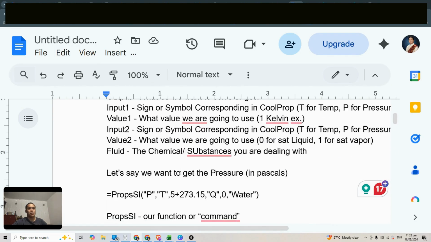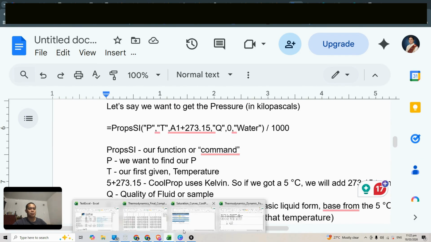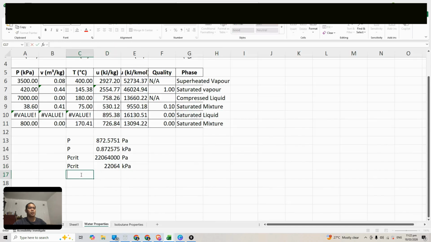Now, we also have other commands to call. So we have HAPropsSI. This one we use for assessing something that is humid in nature, let's say dry and humid air, dry and humid chemical, something like that.